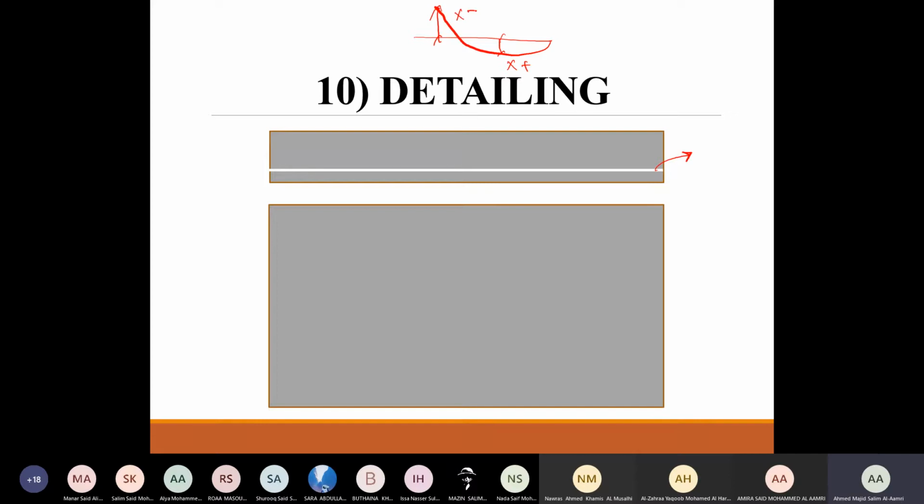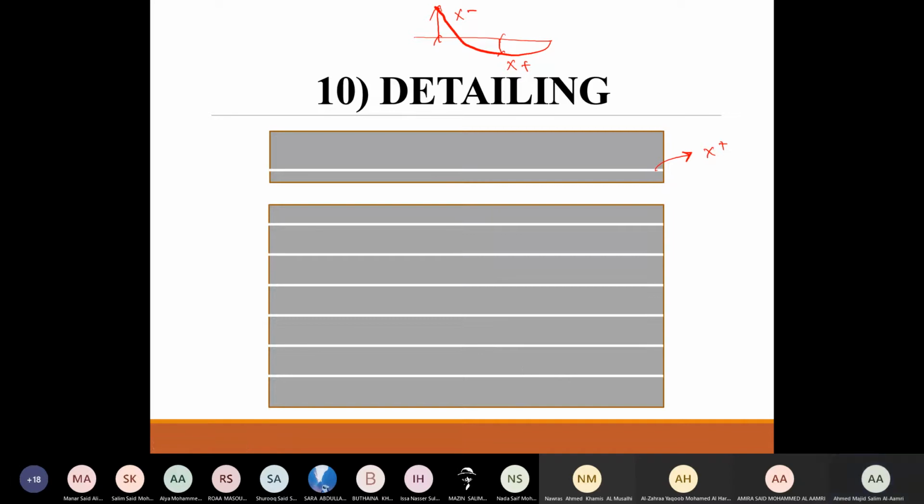So now the bottom reinforcement is representing x positive. This is what we can see in x direction section or longitudinal section, and this is what we can see in a plan. So this is how the plan is looking like. If you're seeing it from the top, one reinforcement, and then you will see the other reinforcement in white color.